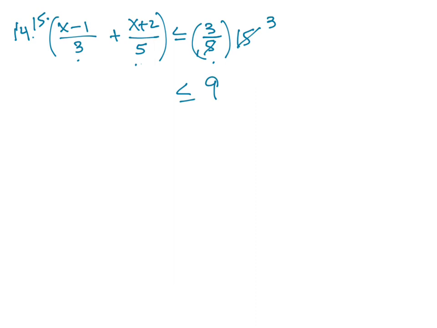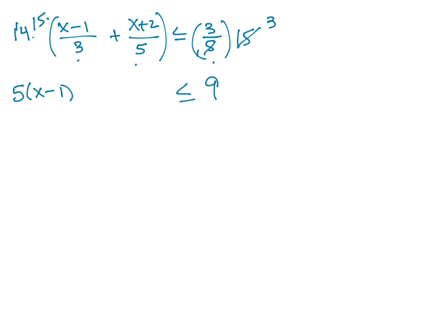Did I lose you, Maisie? No? You promise? Okay. If I multiply each of these terms by 15, what happens in the first? What's left right there? A 5. So this 15 and this 3 cancel and leave me a 5 times that x minus 1. You're following that?